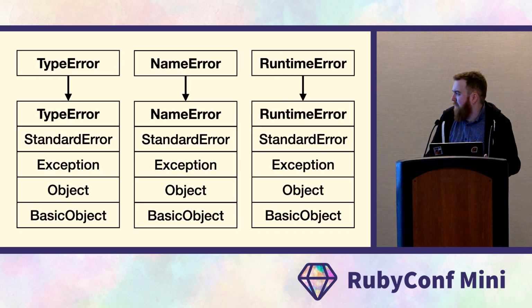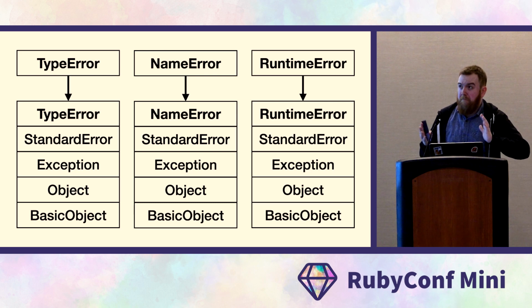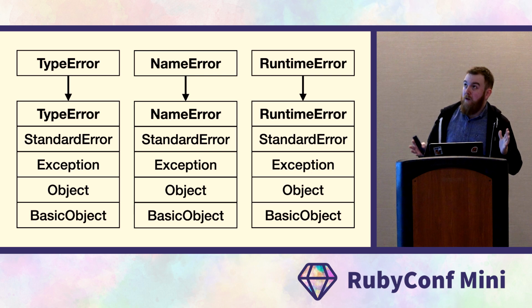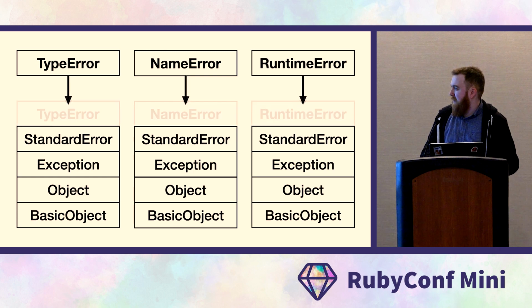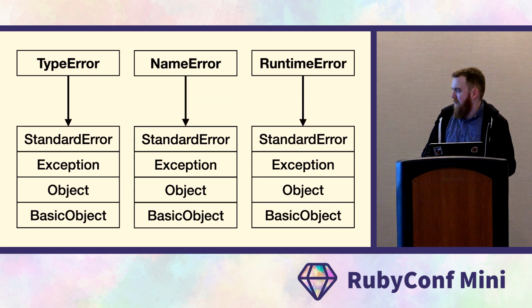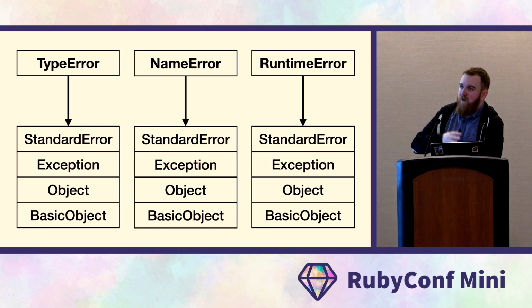One thing we found is that with a small tweak to this idea, we could save a lot of memory. The arrays were all unique because they have the self class at the top of them. But if we remove that from the array, there's a lot of duplication in them, especially this kind. It's really common to make errors based on standard error.